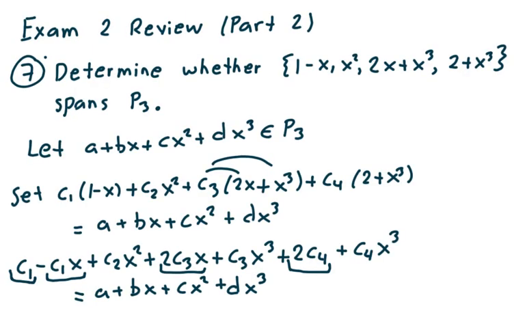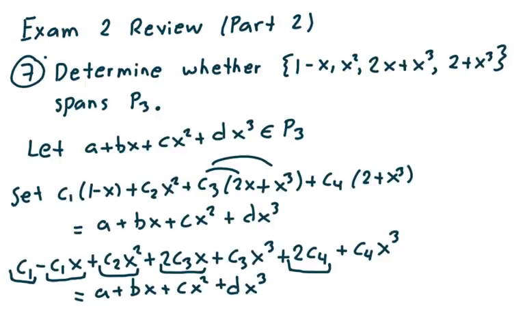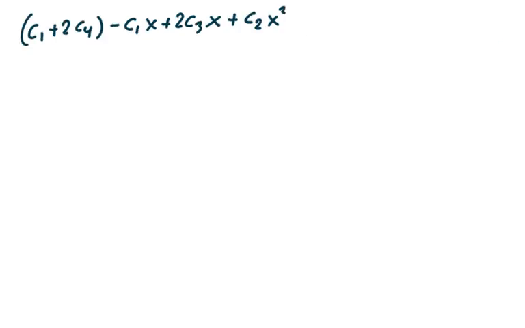And then I look around, and I see a c2x squared, plus c2x squared right here. Then I'm going to go plus c3x cubed plus c4x cubed.